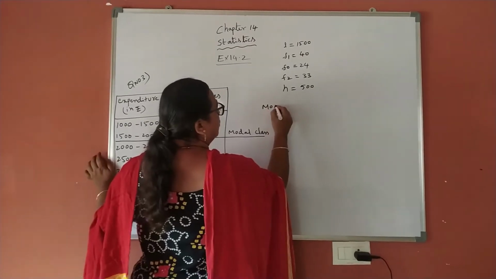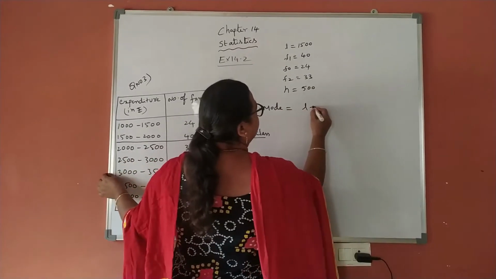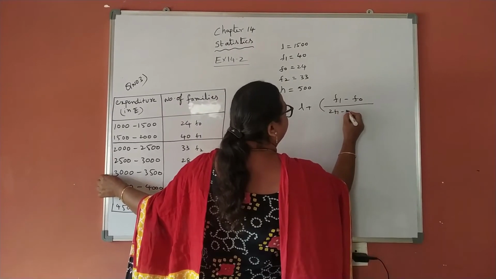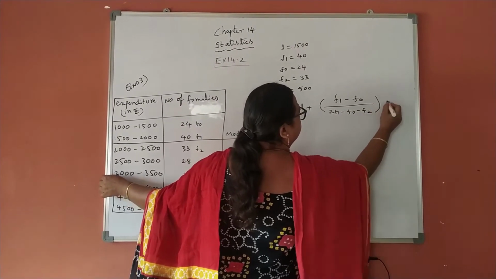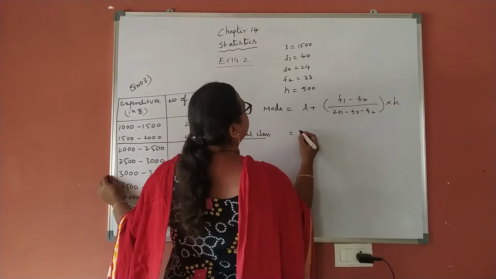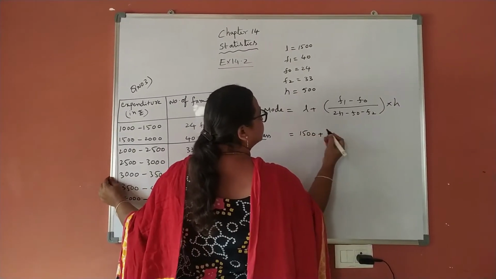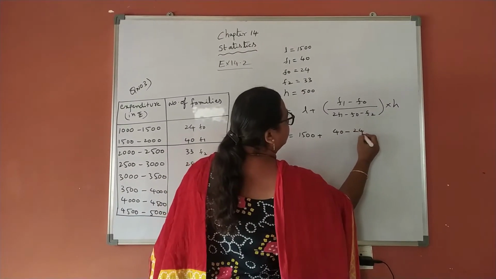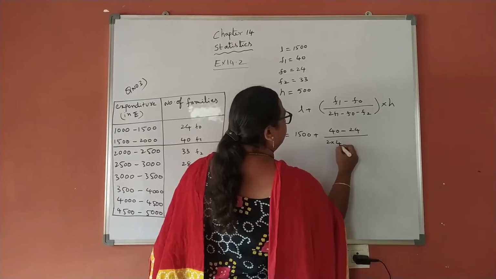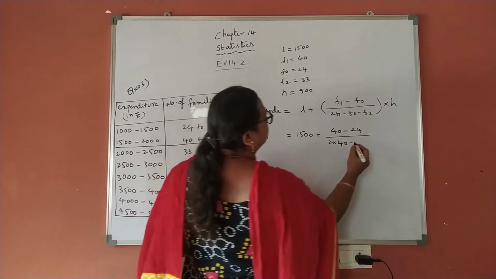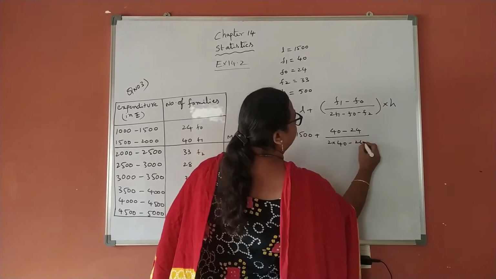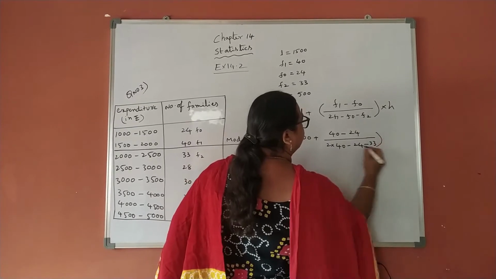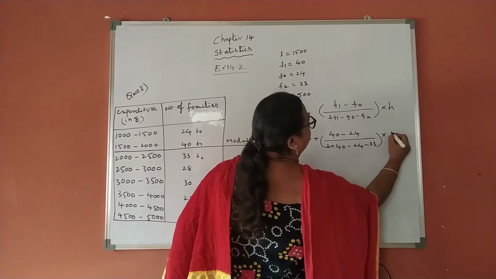Now mode is equal to L plus (F1 minus F0) by (2 F1 minus F0 minus F2) into H. 1500 plus 40 minus F0 24 by 2 into 40 minus F0 24 minus F2 33, into 500.